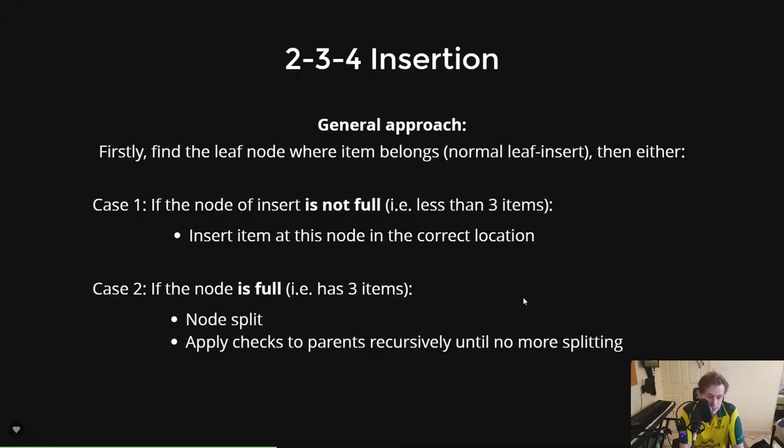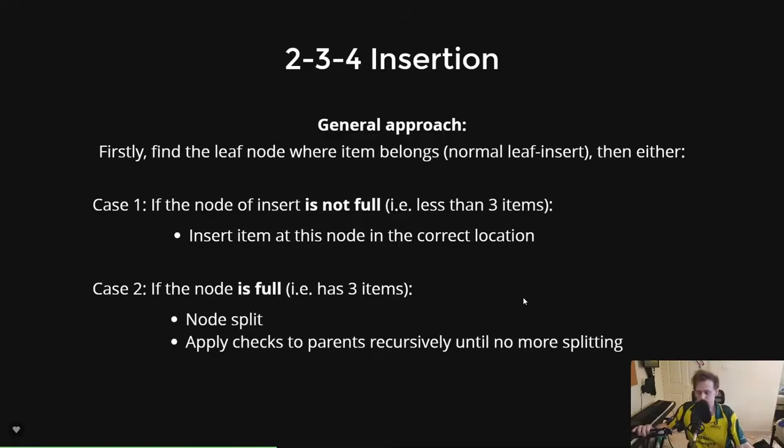It follows a very similar pattern to inserting into other types of trees: you start at the root, go down and find the spot where it's going to be inserted, and then as you unwind, you restructure the tree to maintain order.